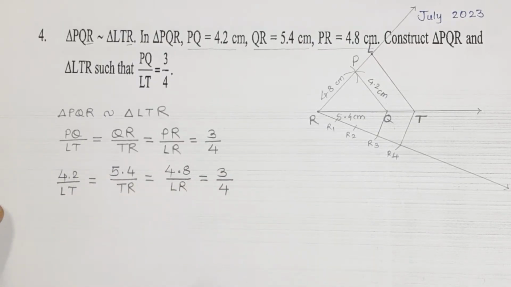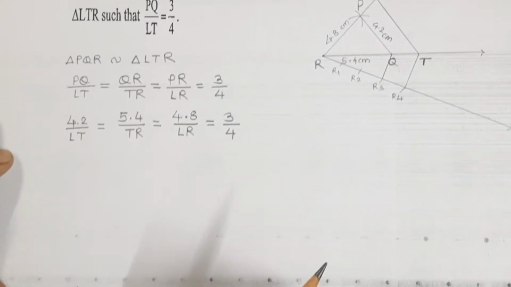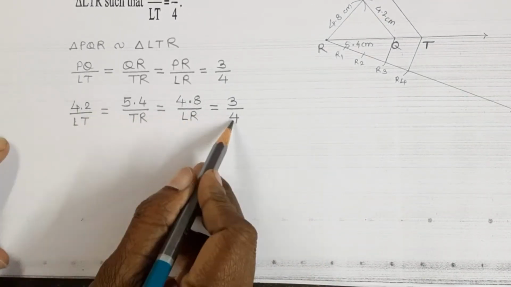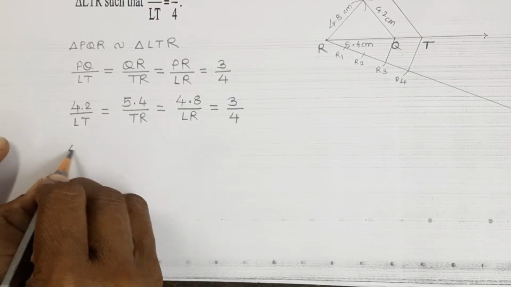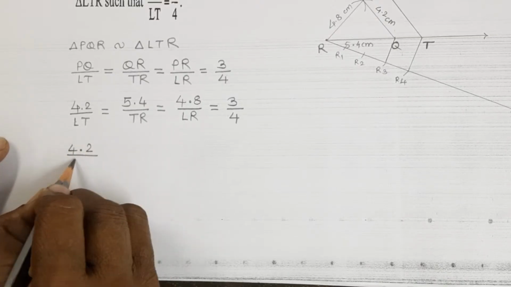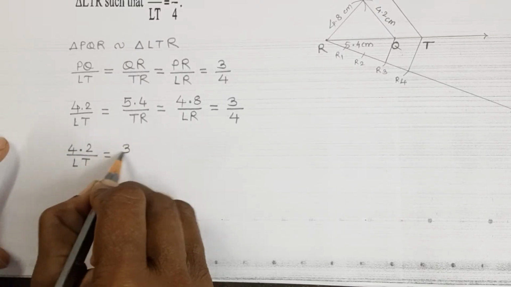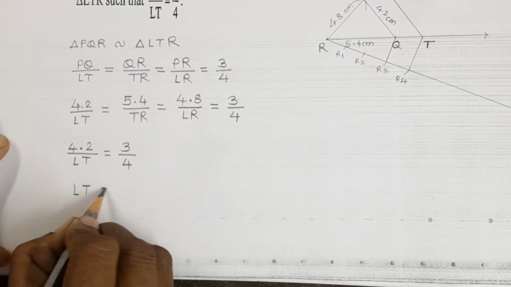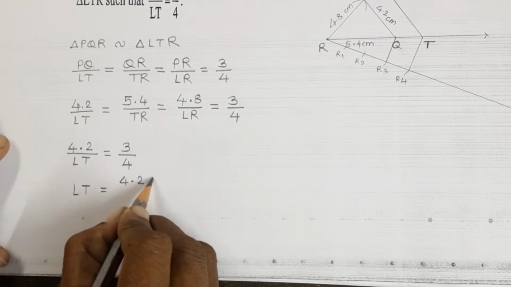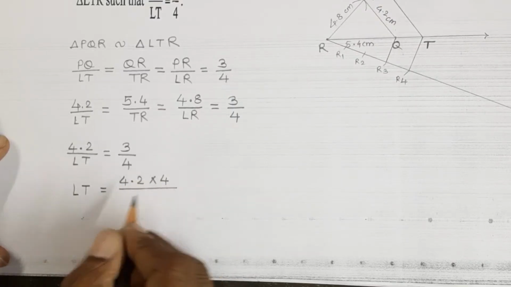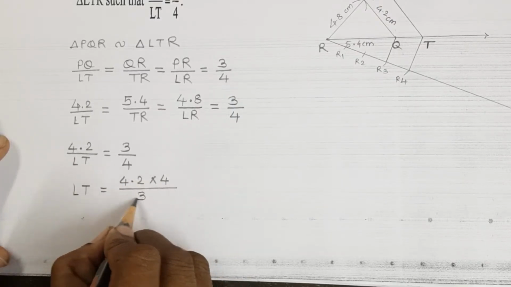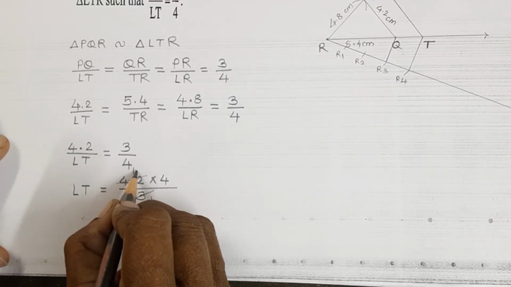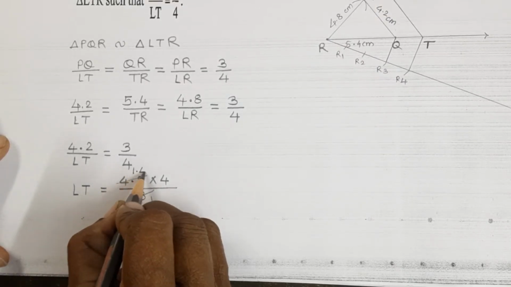Okay students, taking the ratios one by one. First I take the first one and the last one. So 4.2 upon LT is equal to 3 upon 4. That means LT is equal to 4.2 multiplied by 4 divided by 3. So 3 ones are 3, and 3 fours are 12.